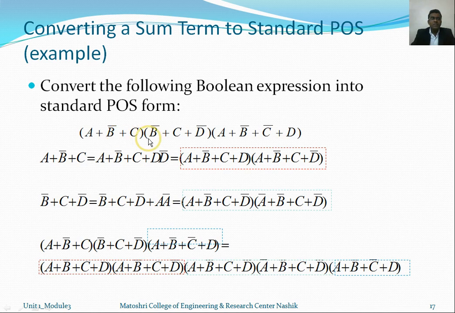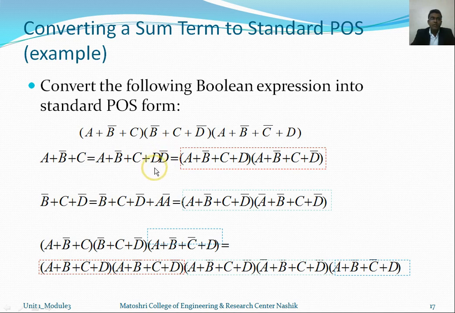So you have to work on the first and second sum terms. We take the first sum term and OR it with the missing variable ANDed with its complement. The missing variable for the first sum term is D. So A OR B bar OR C, we OR the missing variable D ANDed with D complement.